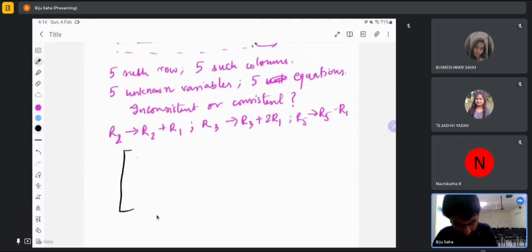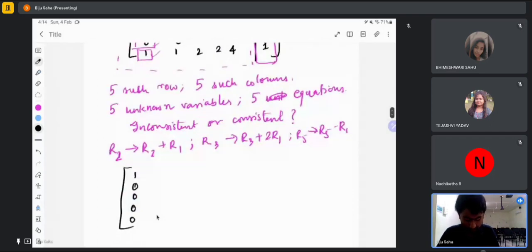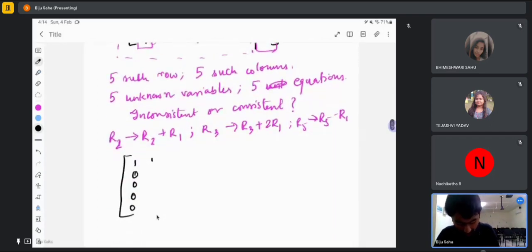So we have made all the elements in the first column 0 except the leading entry. Obviously, since we are performing it over the entire matrix, other columns are also going to be affected. So this is how the entire matrix now changes.